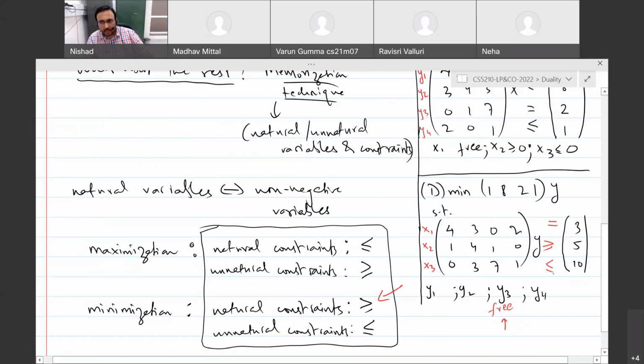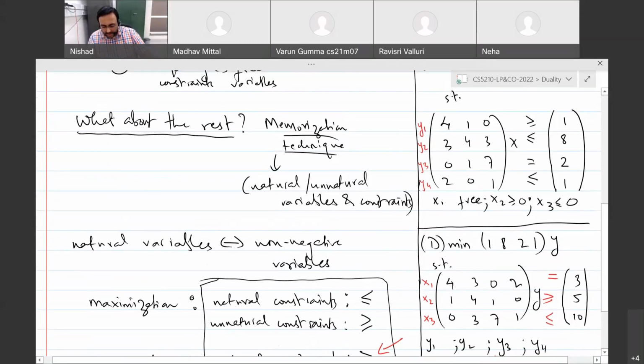Now we need to look at the variables. So shall we begin? Let's look at y1. Y1, should it be a non-negative variable or should it be a non-positive variable?